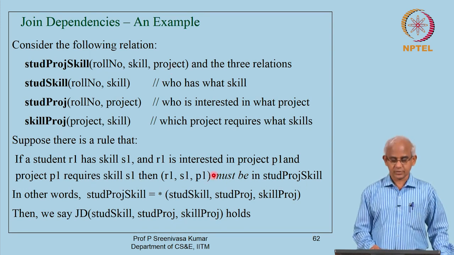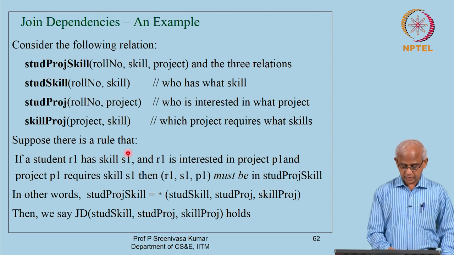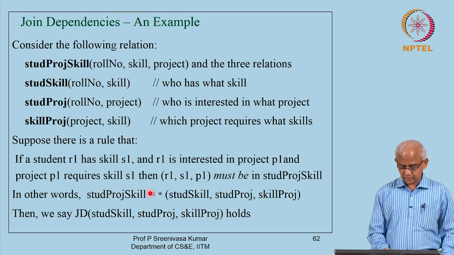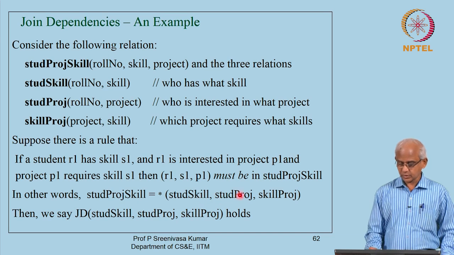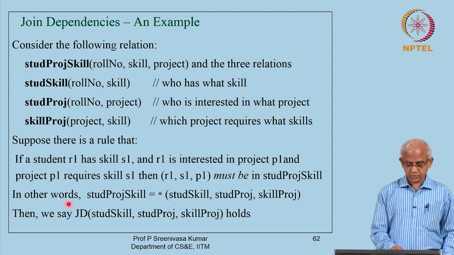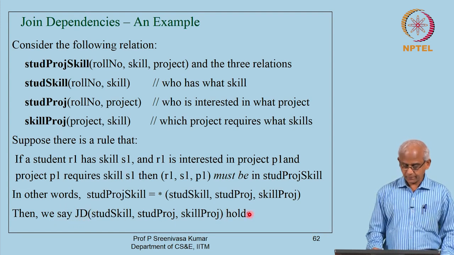In such a situation you can see that the student project skill relation is the multi-way natural join of these projections: student skill, student project and skill project. So, we say that this join dependency holds.